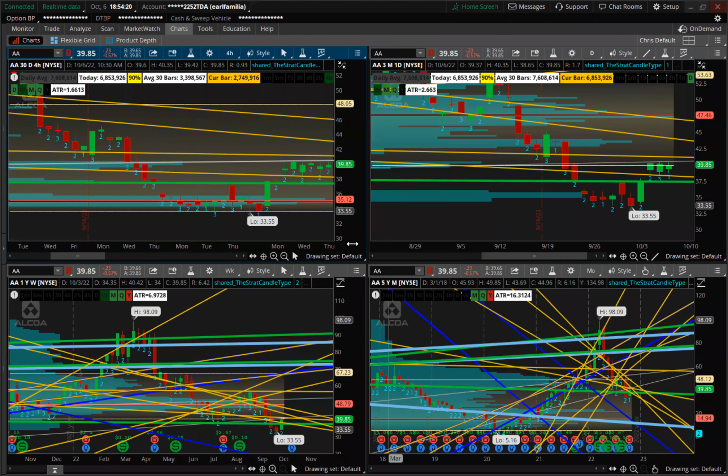So AFRM looks like it's been going sideways too. It did have a nice move on, what was that, Tuesday? But it just looked sideways. It took a little leg up that it lost a week before, and got back in last week's range.